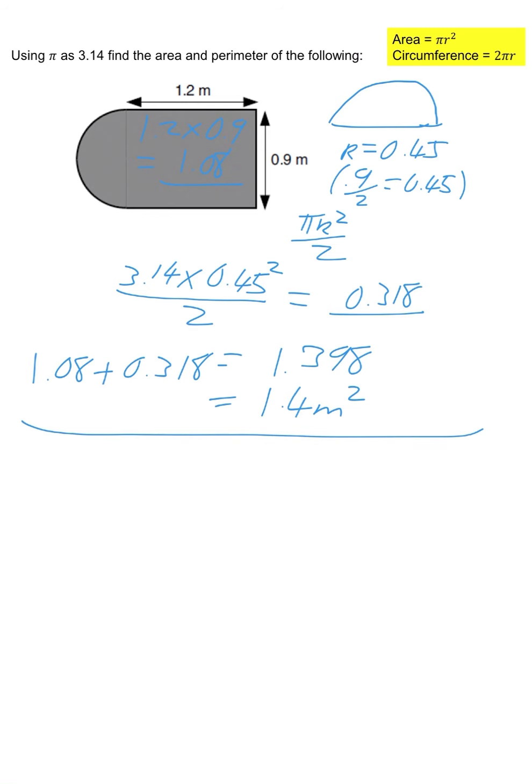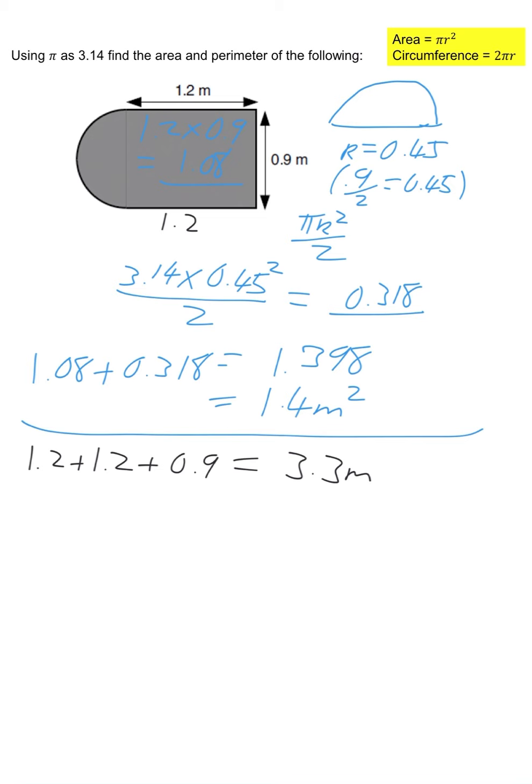Now the perimeter, so perimeter and circumference mean the same thing, the distance around the outside of a shape. So we have 1.2, 0.9, we'll also have a 1.2 over here. So I'll have to add up those, so 1.2 plus 1.2 plus 0.9, and that is equal to 3.3 meters.